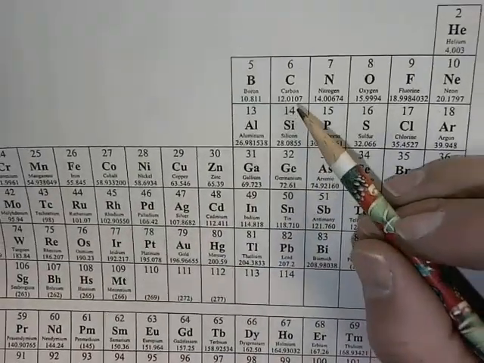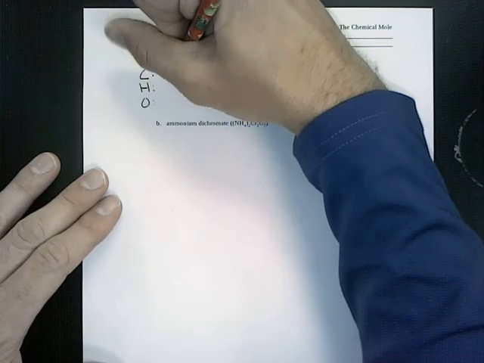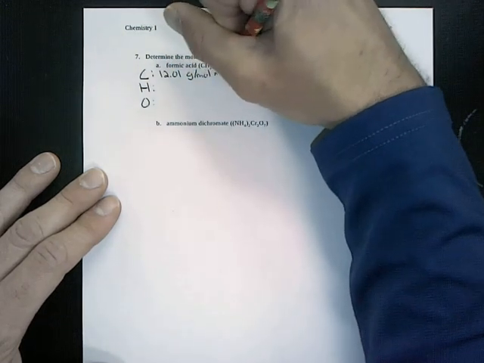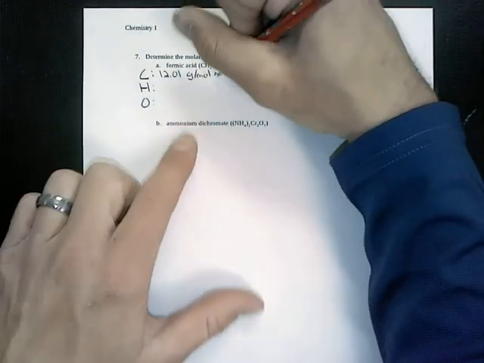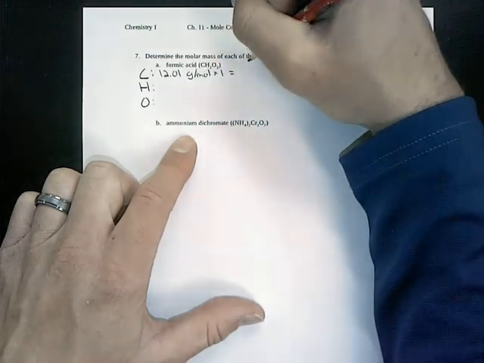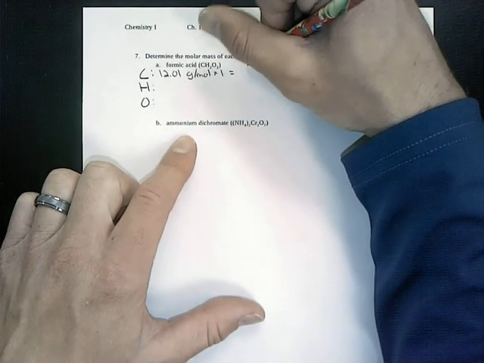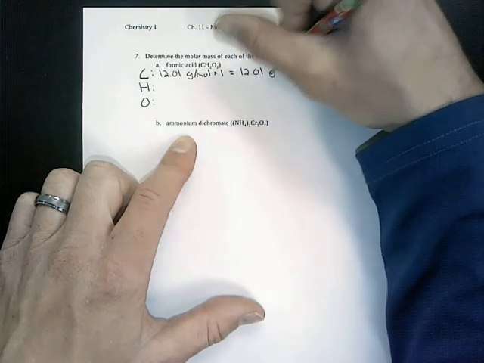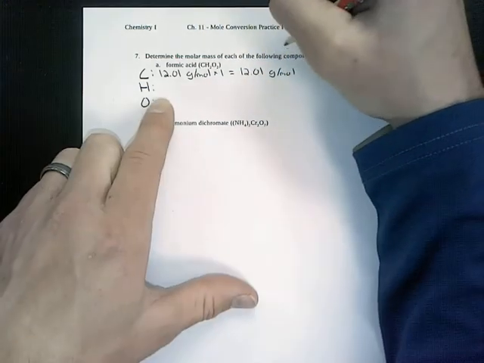We find the molar mass to be 12.01 grams per mole. So we do 12.01 grams per mole times the number of carbons we have. We have 1 carbon, so that equals 12.01 grams per mole.